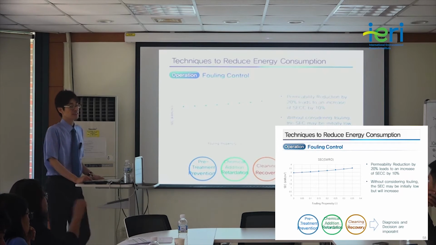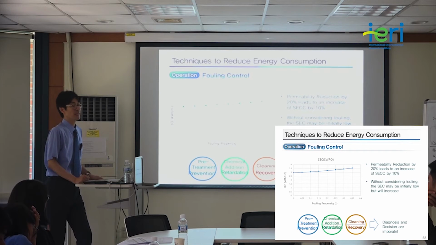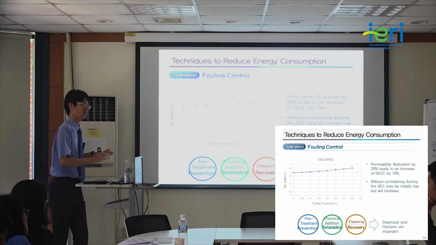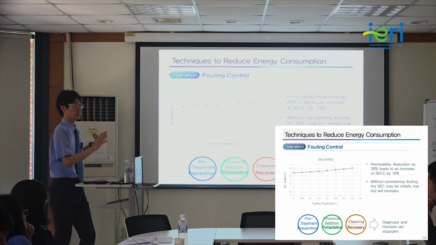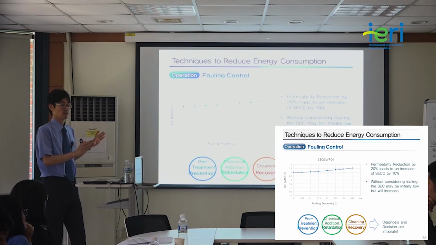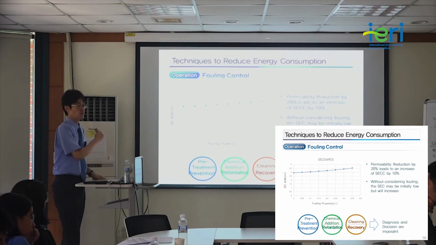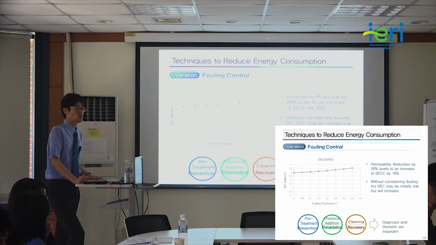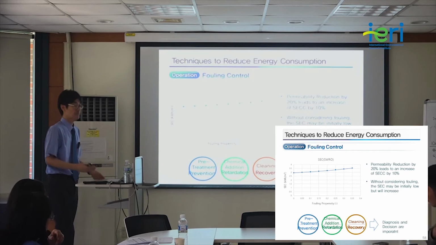In practice, it's not really easy to handle membrane fouling because, first of all, we cannot directly see through the membrane because it's inside the vessel, and the membrane is in the configuration of the spiral wound. So before we cut out the membrane, it is not possible to see what's happening.